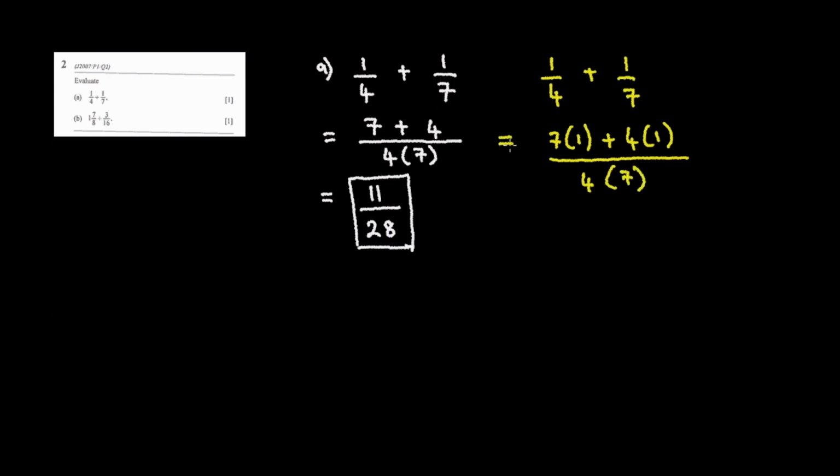If you look closely, you can see that what we have written here is the same as what we have written here, to mean our answer is going to be 11 over 28. So this is what we do when we are adding fractions. The same principles are going to apply when we are subtracting fractions. If you have any questions on what we have done, you can ask them in the comments.